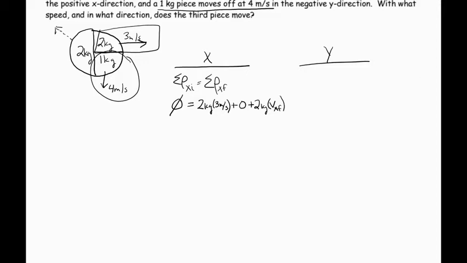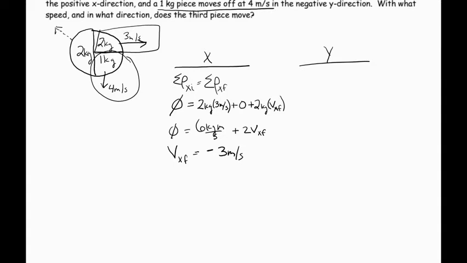Okay, so we end up getting that 6 kilograms times meters per second equals 0 plus 2 VX final. And we end up getting that V in the X final is equal to negative, because I'm going to take that 6 and bring it to the other side, negative 3 meters per second.